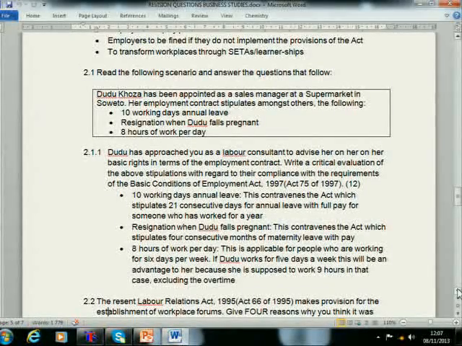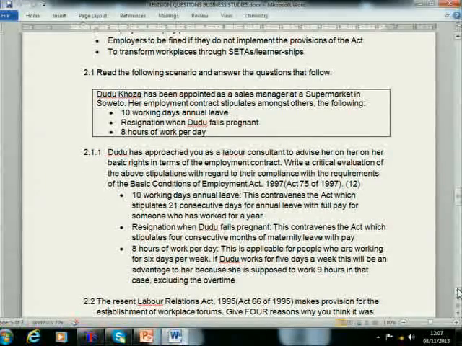In this case study, Dudu Koza has been appointed as a sales manager at a supermarket in Soweto. Her employment contract stipulates, amongst other things, the following: 10 working days annual leave, resignation when Dudu falls pregnant, 8 hours of work per day. And this is what you need to do.